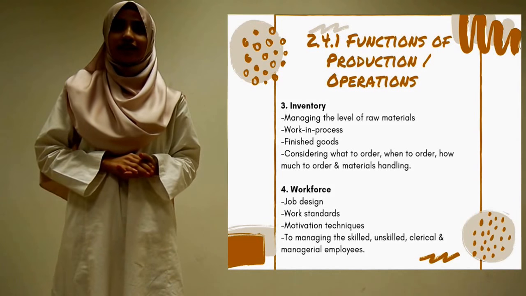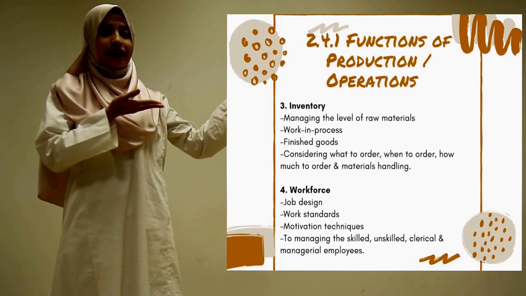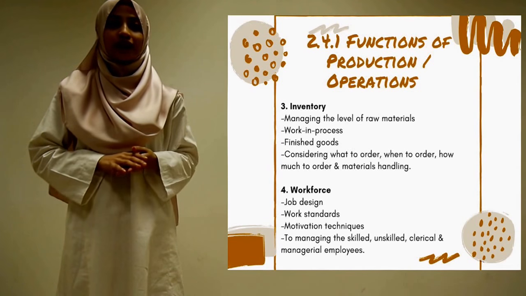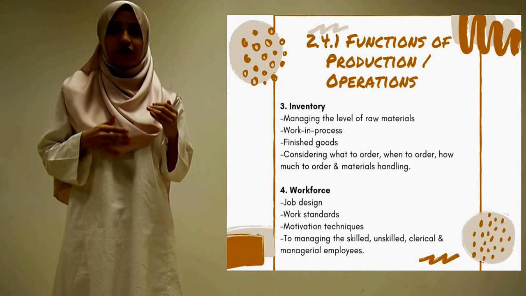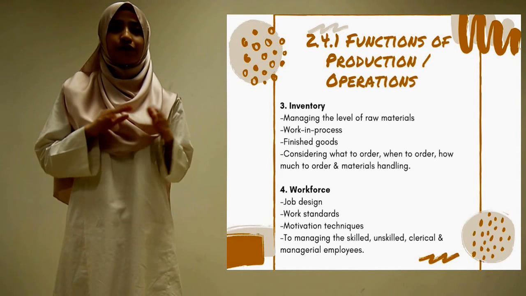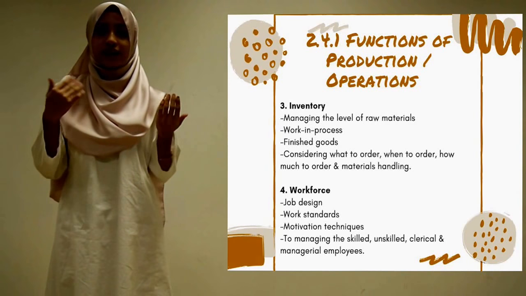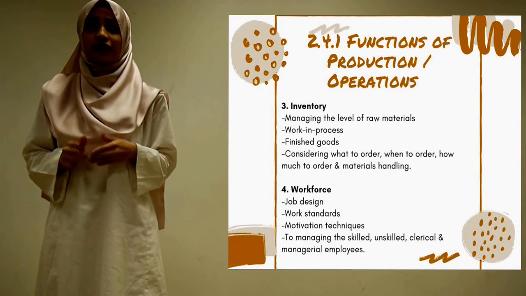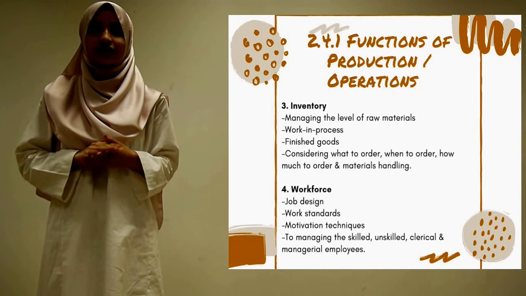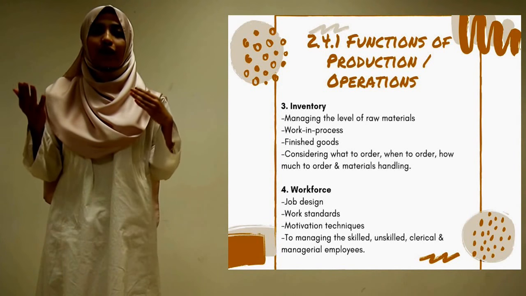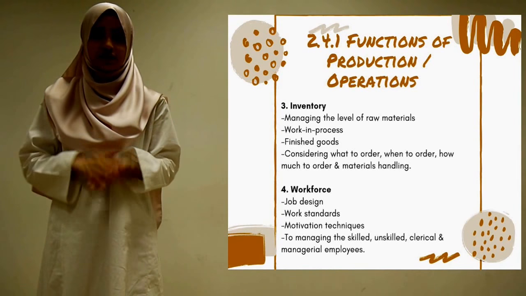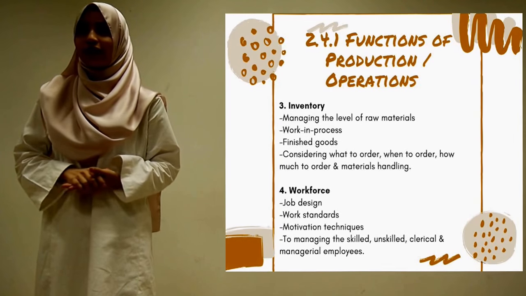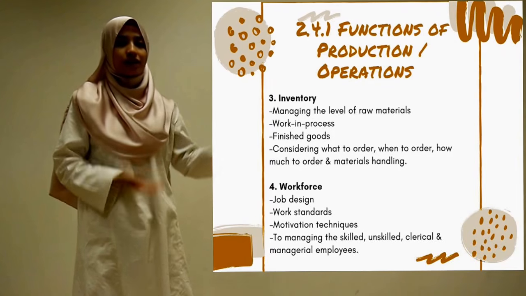The third is inventory. This area of decision involves managing the level of raw material, work in process, and finished goods, especially considering what to order, when to order, or how much to order, and material handling. The fourth one is workforce.